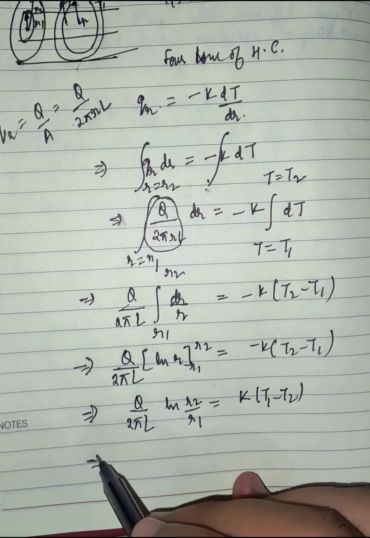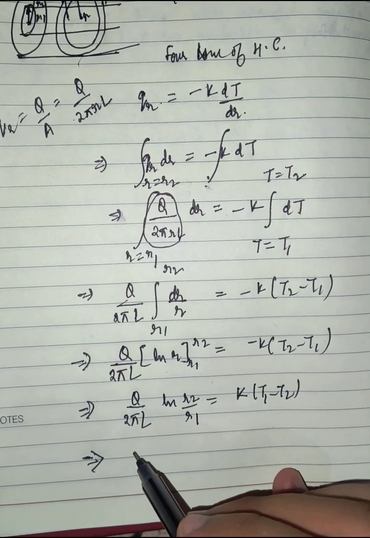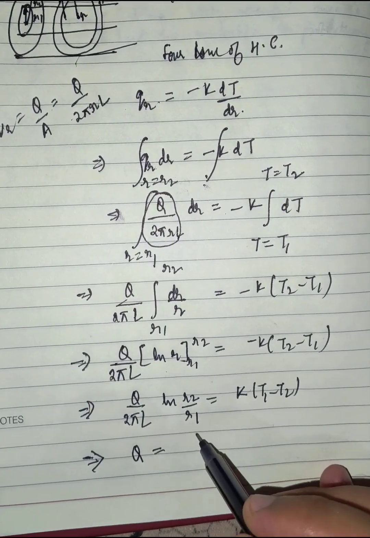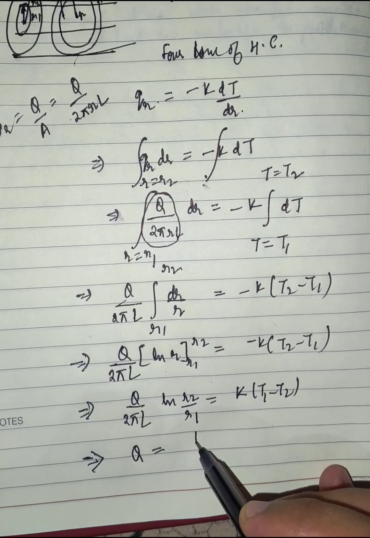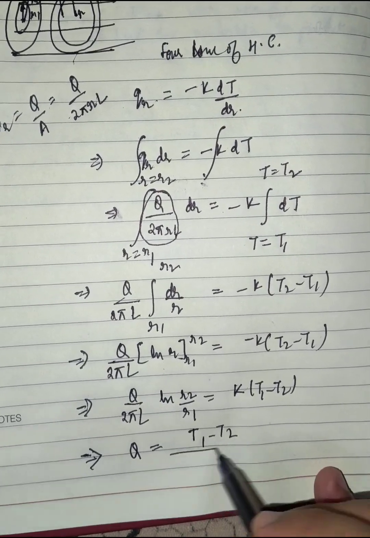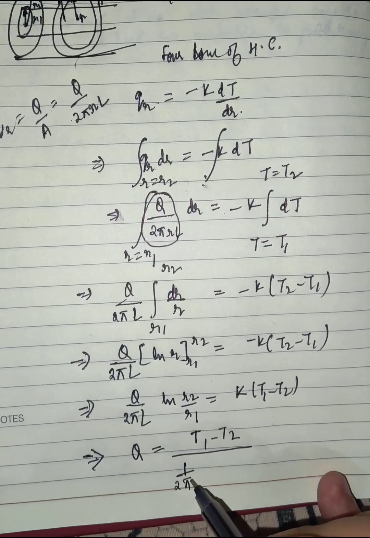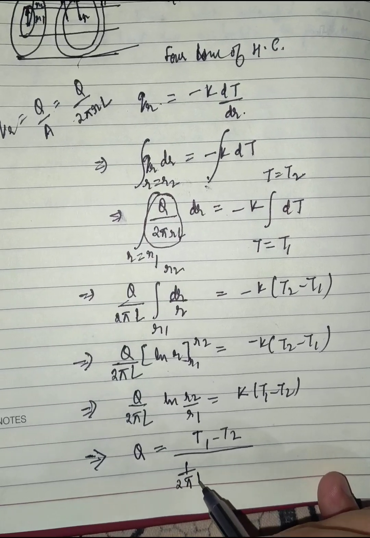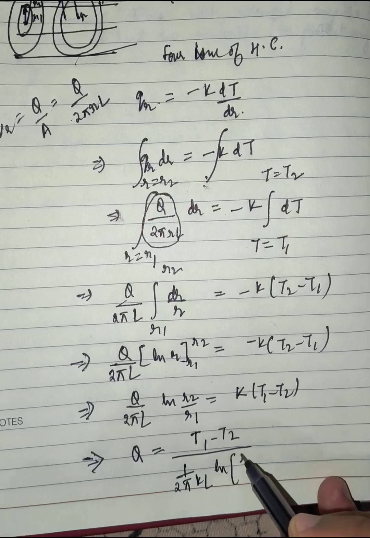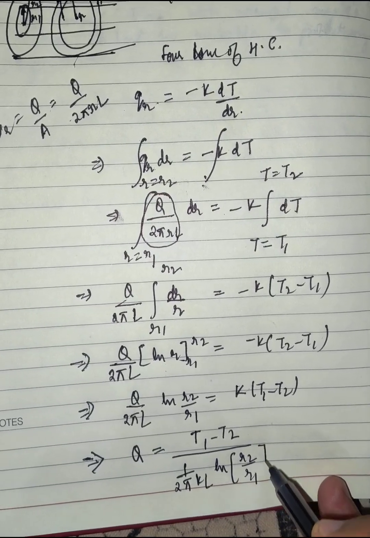Simple. Now we get the value of Q as (T1 minus T2) divided by 1 upon 2 pi k L, ln r2 divided by r1.